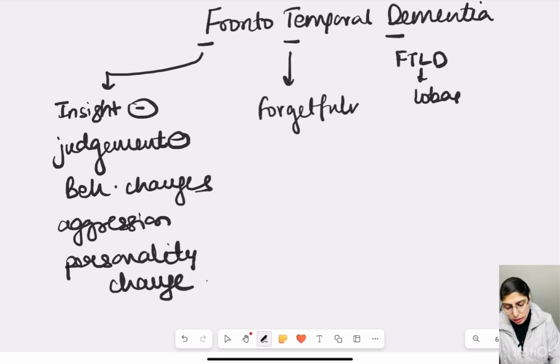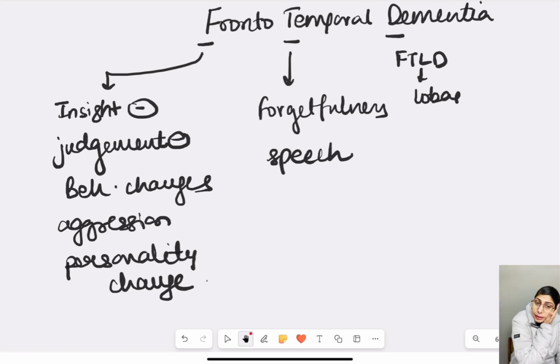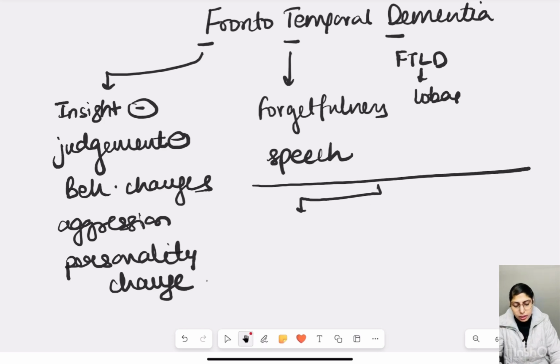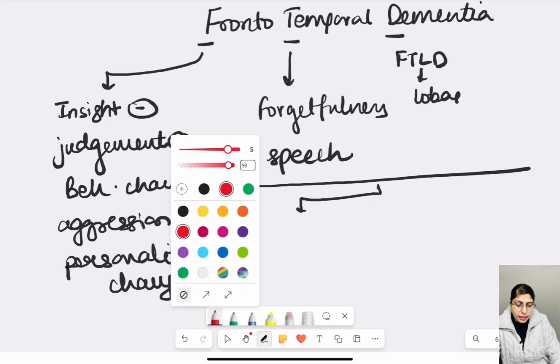When the temporal lobe gets involved, there is forgetfulness. And there is speech involvement. So it can be aphasia, it can be lethargy, usually aphasia, because FTD again is a cortical dementia. Right. Now when we talk about FTD, we usually talk about the behavioral variant of FTD.